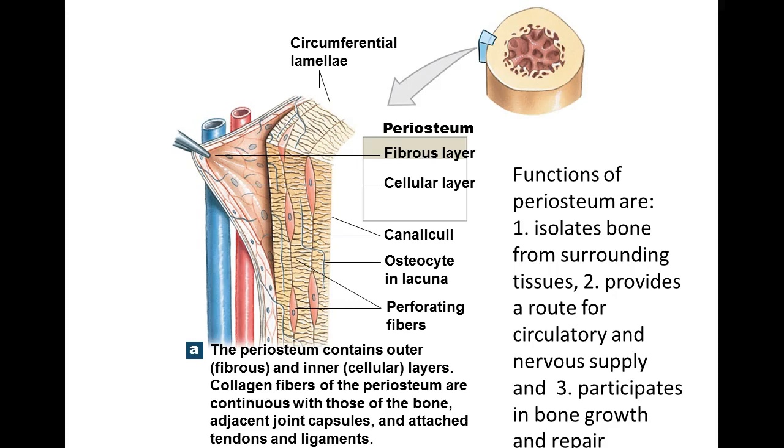And what you have are what's known as perforating fibers that come from the periosteum into the bone, into the osteons of the bone. And then those same fibers, which are going to be collagen-based, are going to be the same fibers that attach to the tissue around, and specifically to the tendon of the muscle.